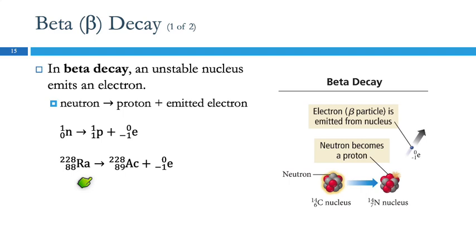So here's an example of radium decays to actinium by emitting a beta particle, an electron. And so we look at the atomic numbers, 228 and here 88. This is -1. And so then we can predict this because this plus that needs to equal 88. Any questions?